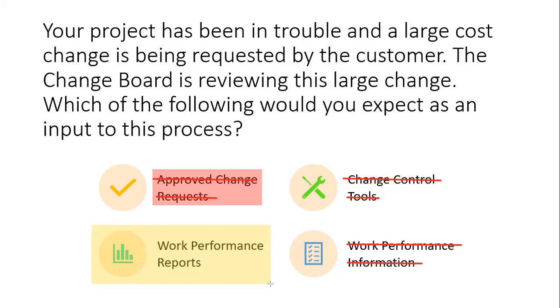4.6. And we're taking a look under the inputs to perform integrated change control on page 116. It reads, work performance reports of particular interest to the perform integrated change control process include resource availability, schedule, and cost data, earned value reports, and burn up or burn down charts.